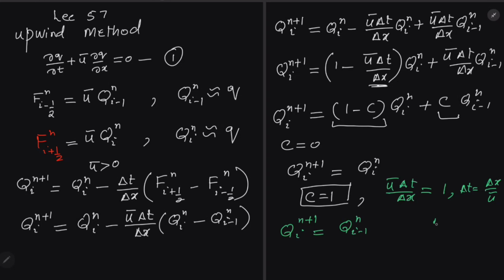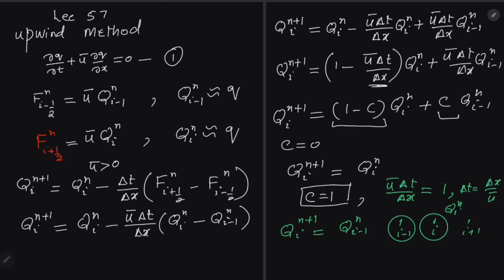If, for example, this is I, this is I plus 1, this is I minus 1: when C is equal to 0, the new information is coming from this value, which is at the nth level Q_i^n. And when C is equal to 1, the new information is coming from Q_{i-1}^n. Okay, so that's how we write the numerical method and interpret it.